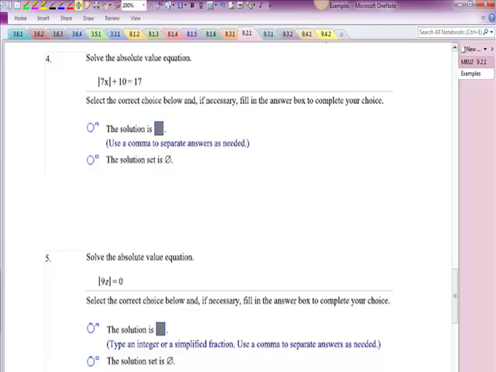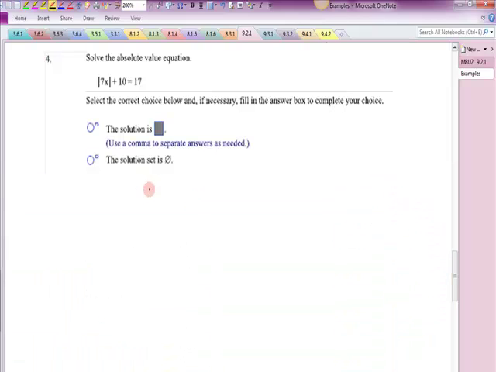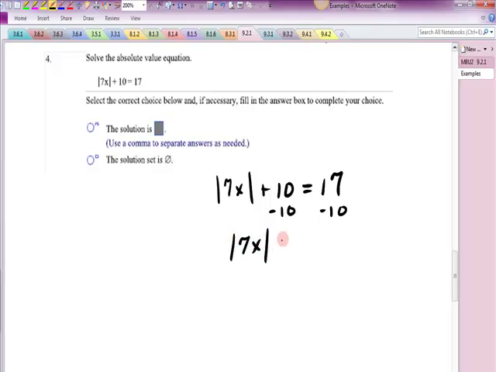Let's look at number 4. It has the absolute value of 7x plus a 10 is 17. I cannot look at the two cases until I isolate the absolute value, so subtract 10. That means the absolute value of 7x is equal to 7. Now I can look at the two cases.